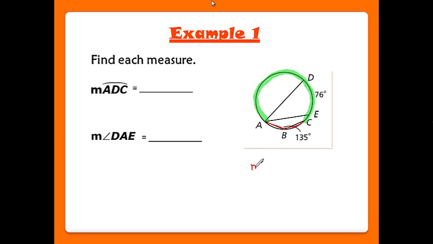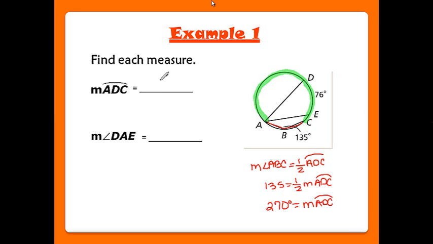The theorem tells me that the measure of the angle is going to be equal to half of the measure of the arc. So I know the measure of the angle is 135. If that's half the measure of the arc, I multiply by 2 to find the measure of the arc. So that would be 270 degrees.